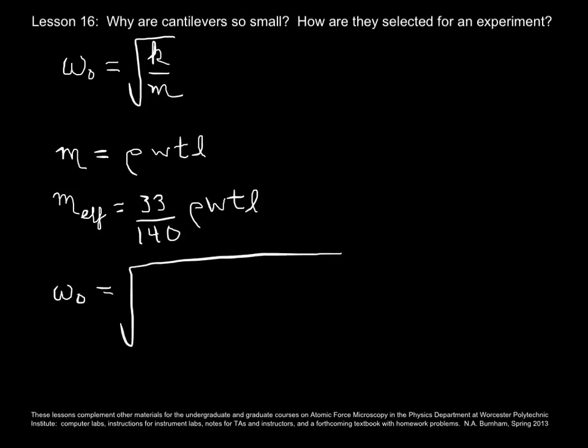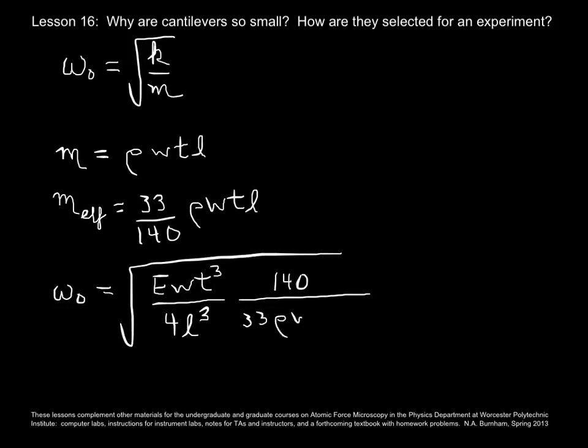We will have the expression for the spring constant, and I'm doing the normal direction. Elastic modulus width thickness cubed over 4L cubed, and now the effective mass is in the denominator, but that 140 we can put up in the numerator. And here we have the density times the volume again.